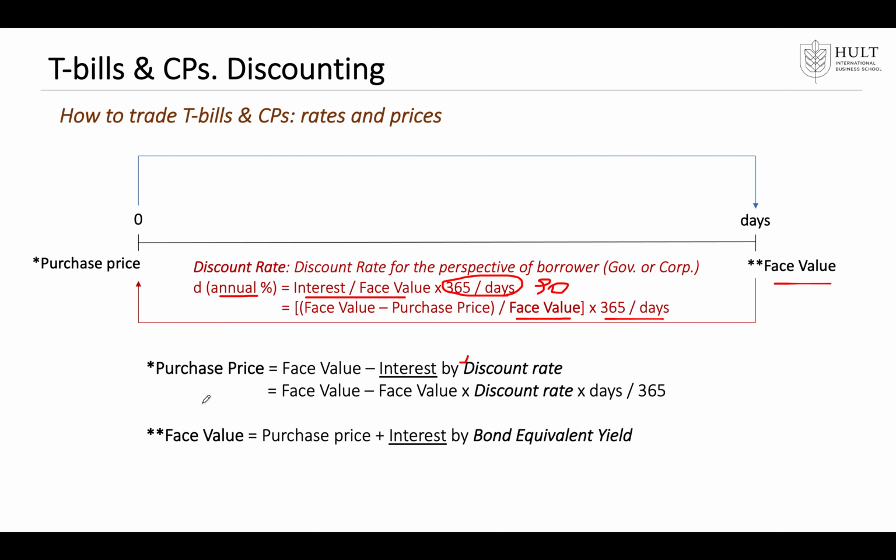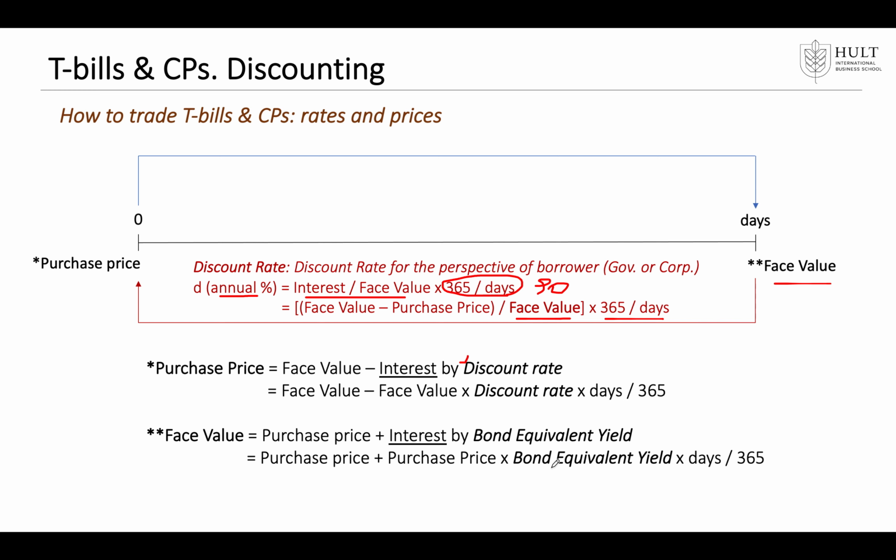Now, if we are the investor of this treasury bill or commercial paper, this interest is calculated by the bond equivalent yield. So the face value is calculated as purchase price plus interest. Now this is kind of a compound concept, which you are very familiar with.